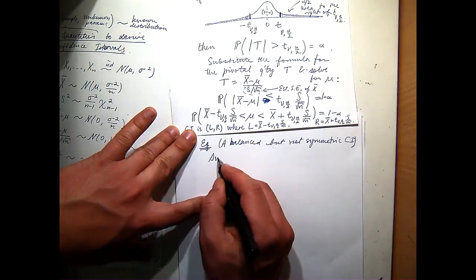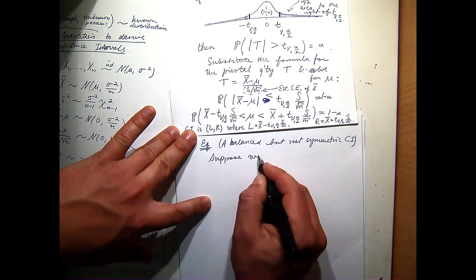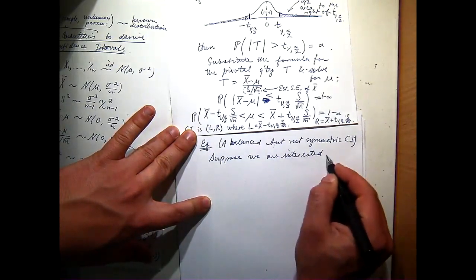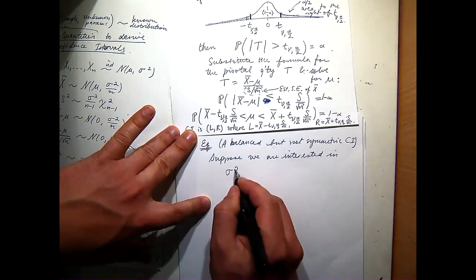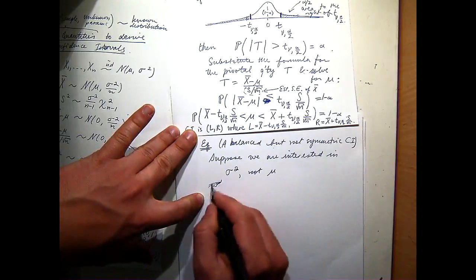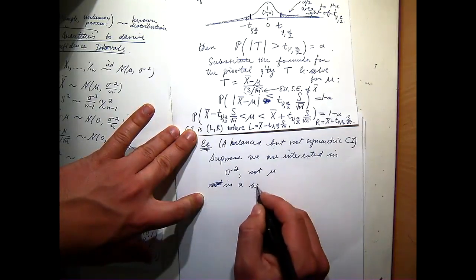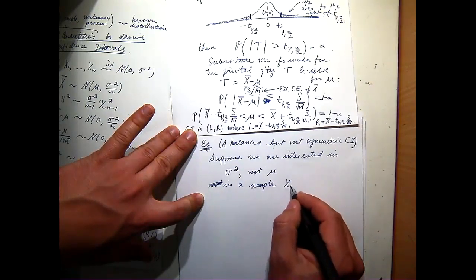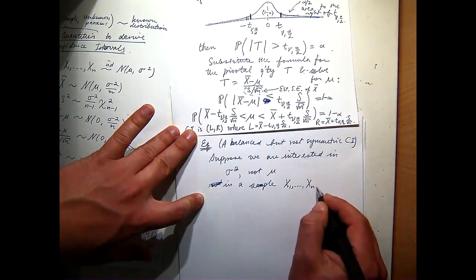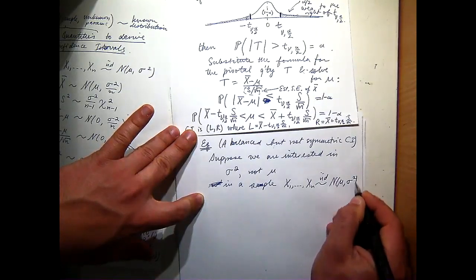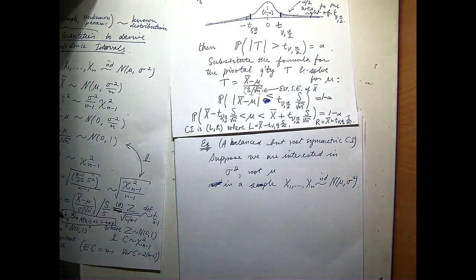So suppose we are interested in sigma squared, not mu. The sample is going to be the same as in the previous discussion: x1 up to xn, IID, normal, unknown mean, unknown variance.